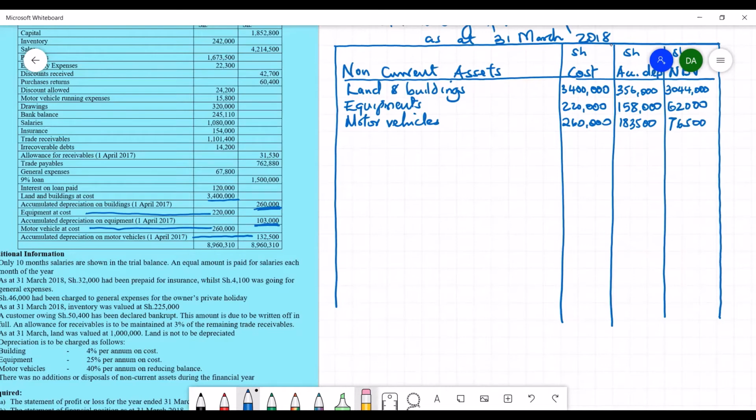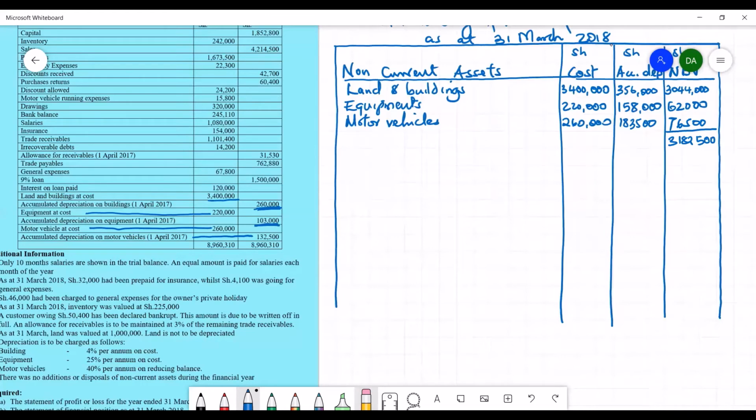And now we need to determine the total net book value of all the assets, which will be equal to 3,182,500. That is the net book value of all the assets.